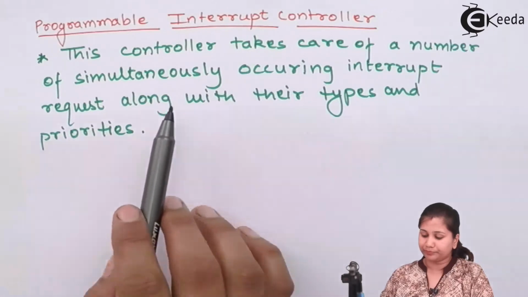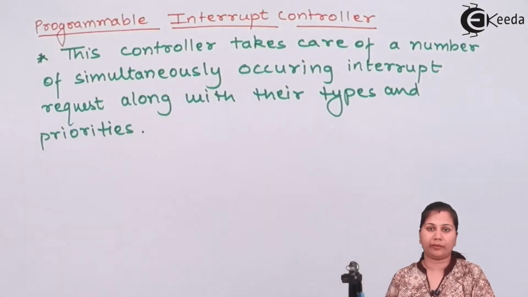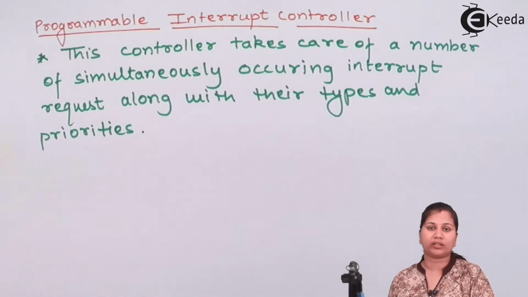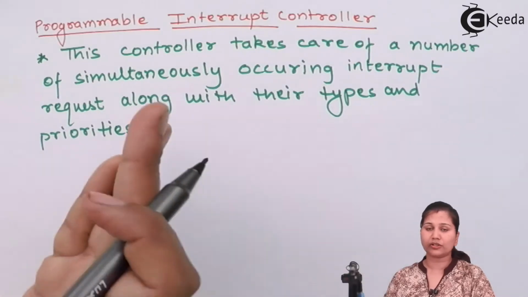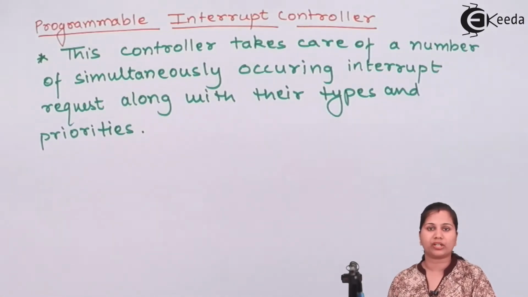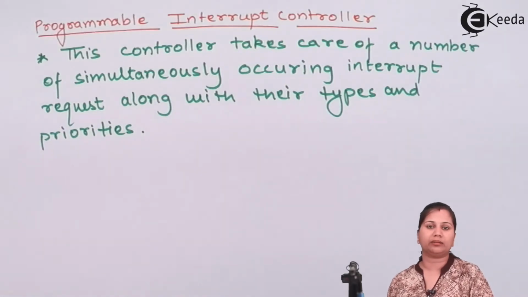Also the type of the interrupt request, which type of interrupt is provided by the input output devices, and also the priority, which interrupt has the highest priority and which has the lowest, is decided by this controller. So this controller takes care of the multiple interrupts occurring in the processor. It is basically relieving the microprocessor from these tasks.